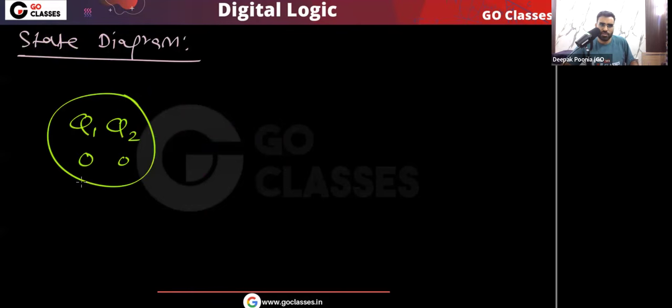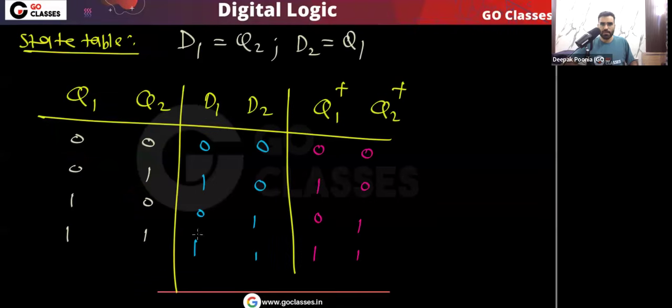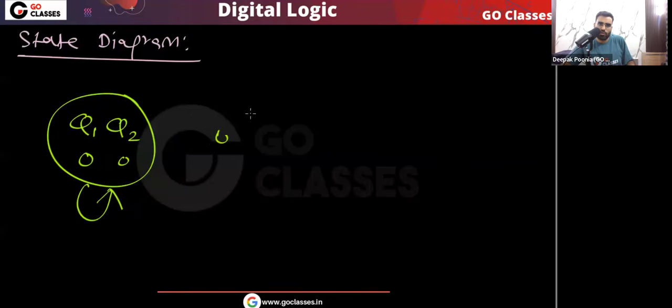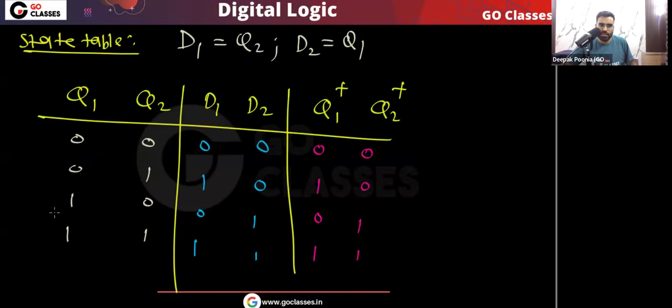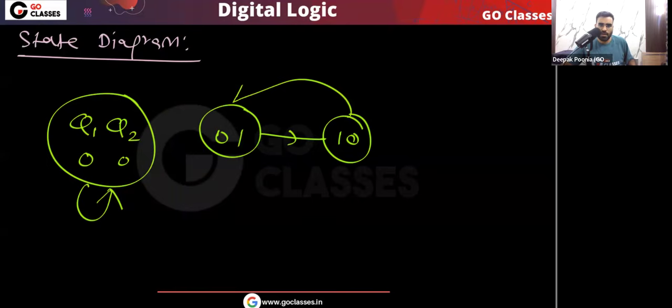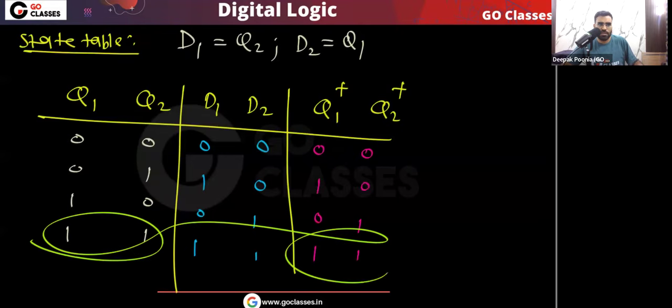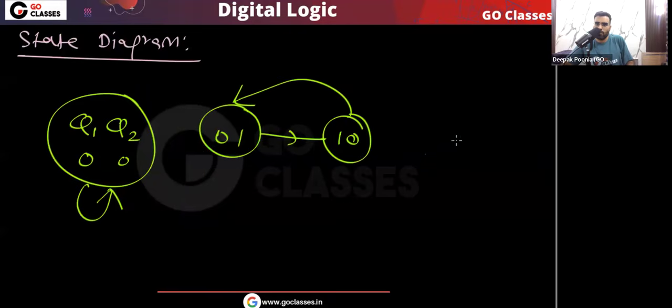If the present state is 0, 1, the next state will be 1, 0. If the present state is 1, 0, the next state will be 0, 1. And if the present state is 1, 1, the next state will be 1, 1. So this is the state diagram that we got. I hope you understood. Now let's solve.